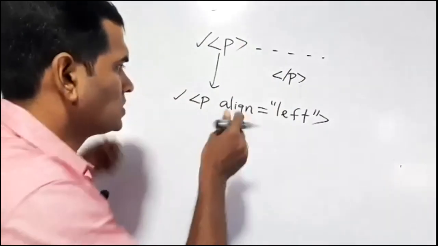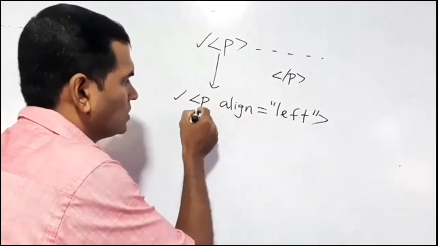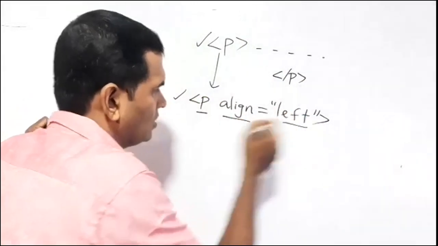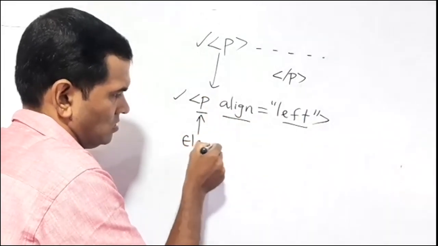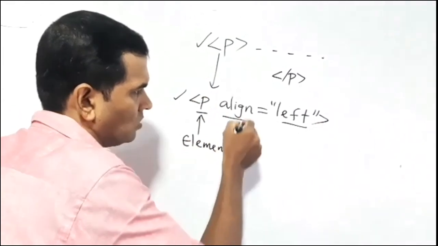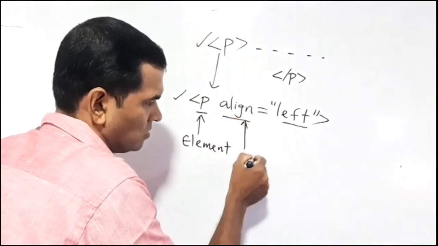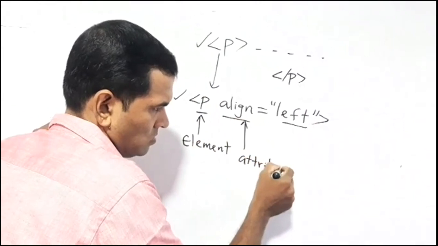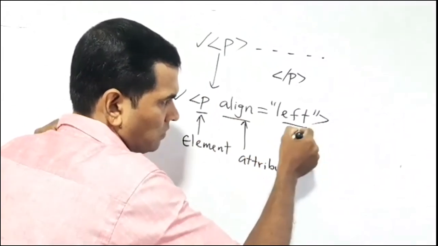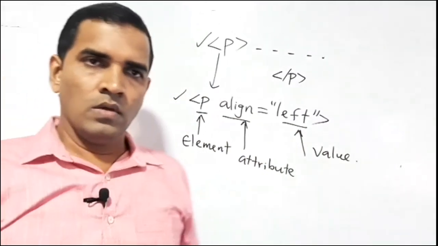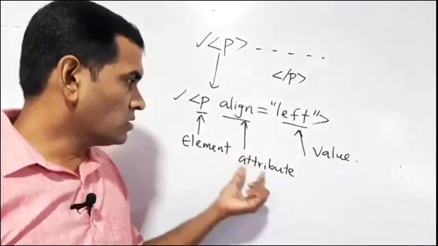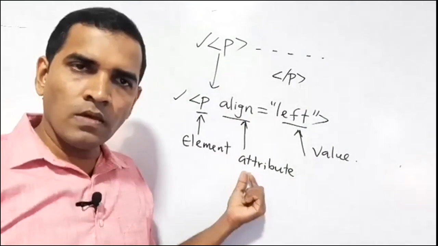Okay, so in this tag we have three words. This is called the element. This is called the attribute. This is the value. So why do we add the attribute to the element?